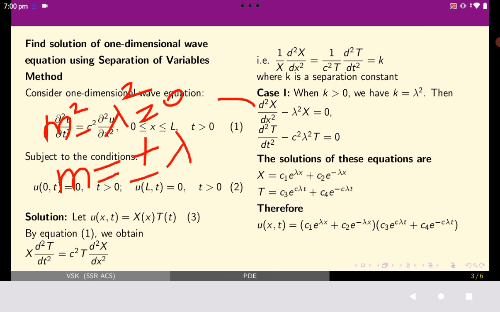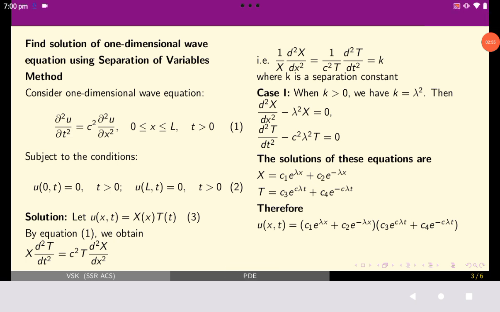And we know if this type of value of m comes, then the solution is of this form. In the same way, the second equation's solution will be of this form. Because we have supposed that u(x,t) is of this form, multiplying these two together, we get this equation.